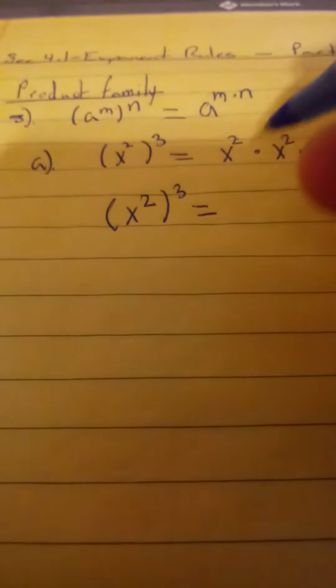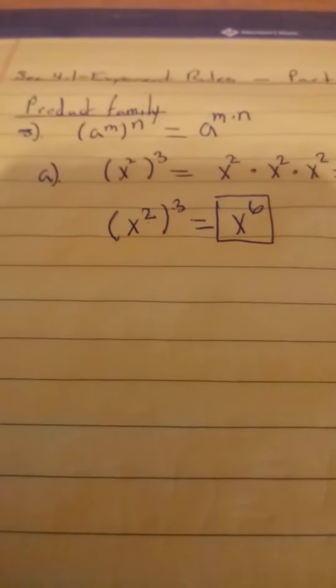So the way the rule works is you have x raised to the second raised to the third. Since this is being raised to the third power, we could just simply multiply the exponents. 2 times 3, and this will be x raised to the 6.